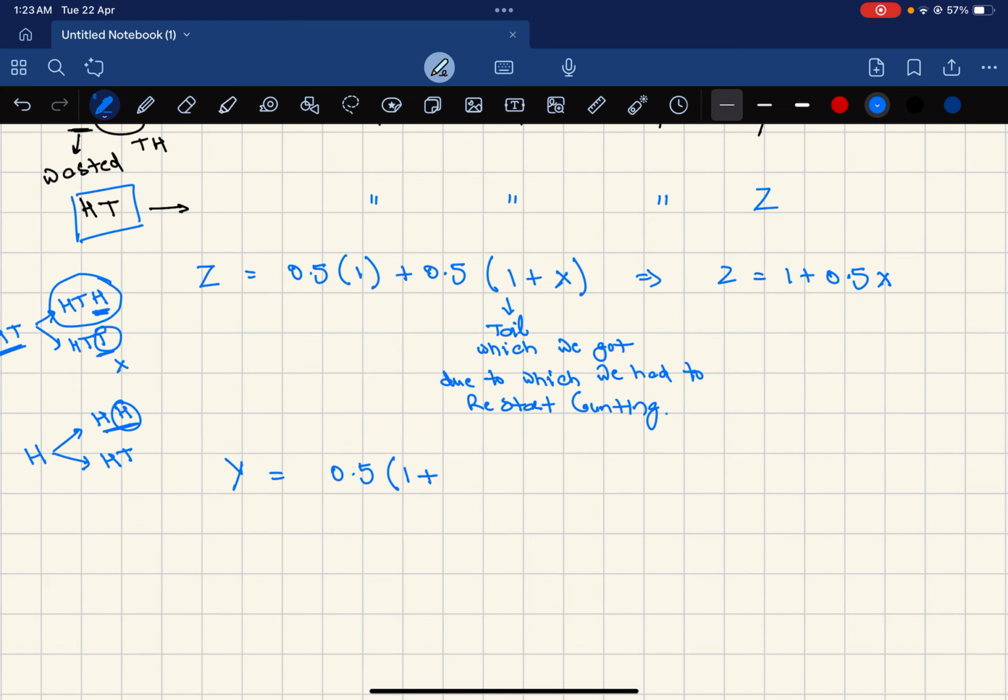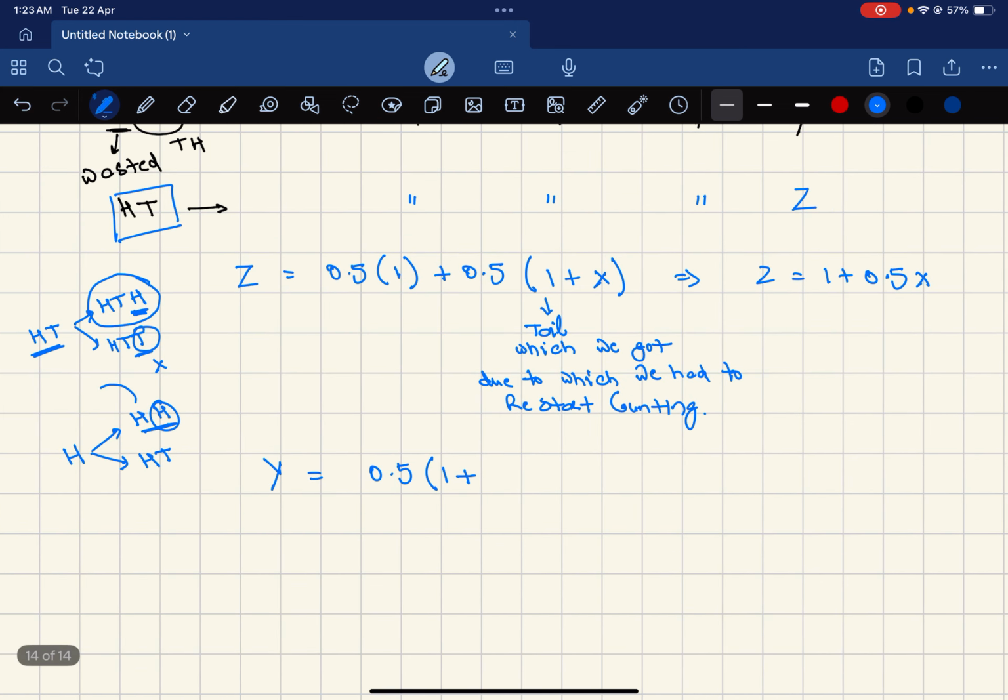But the problem here is, if we get an H, we again come back to this particular situation, because we still need a T after H, and therefore we'll need y more trials in this case. So if we get the second as H after an H, we are back to this H situation here, and therefore we'll need y more trials in this case.